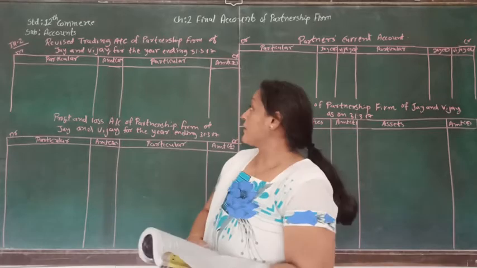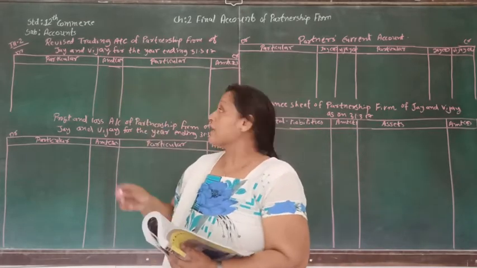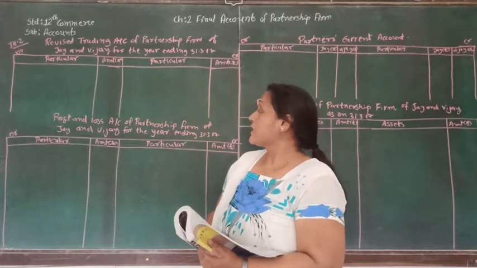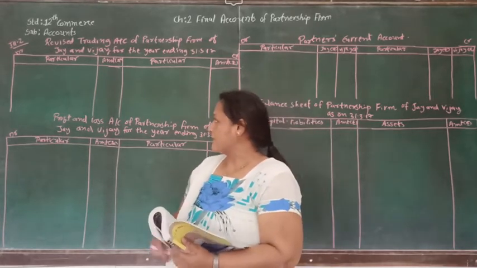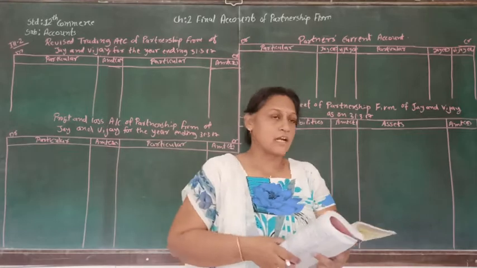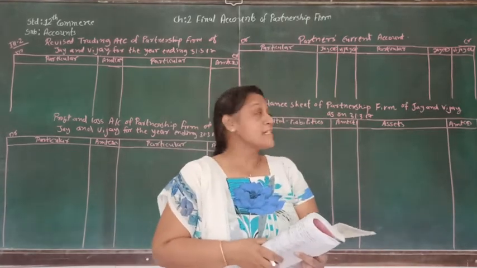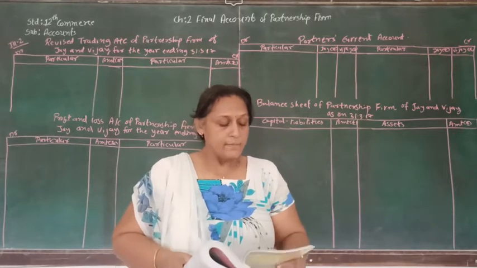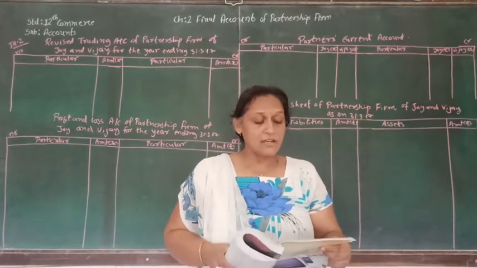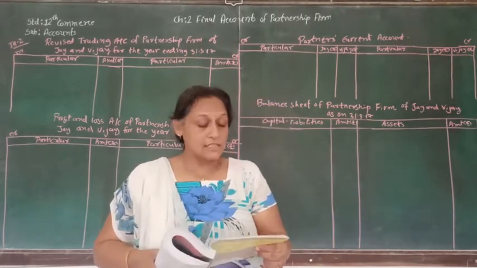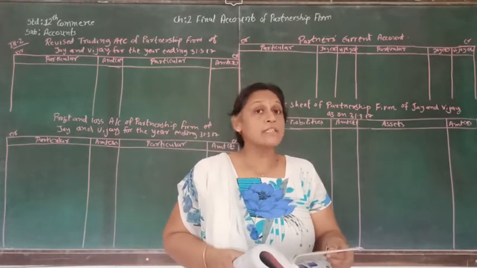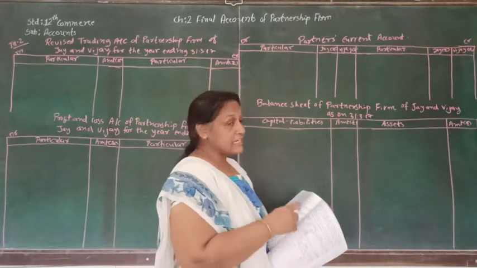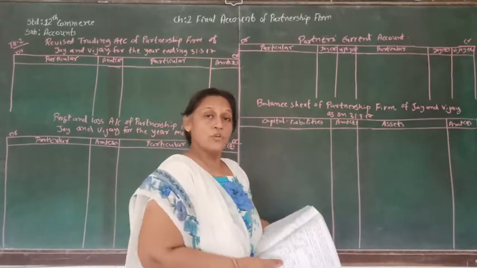So here we have already drawn the revised trading account of the partnership firm of Jay and Vijay for the year ending 31st 3/17, then the profit and loss account, partners' current account as well as the balance sheet on that day. The very first thing given in the trial balance is the capital account. There is no adjustment in the capital account, so we take that account straight to the new balance sheet.